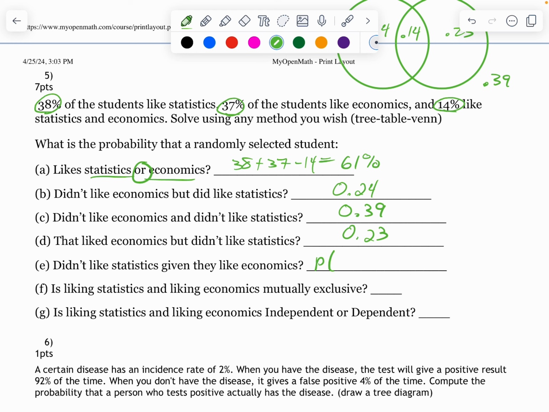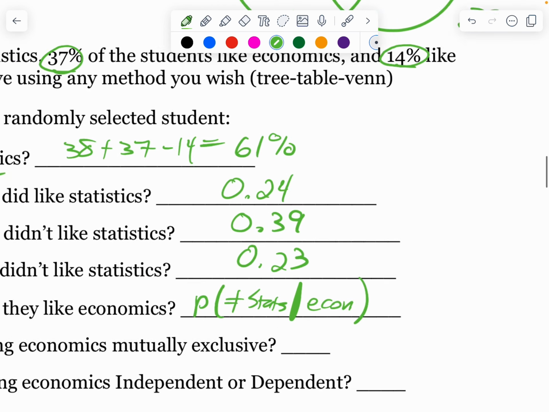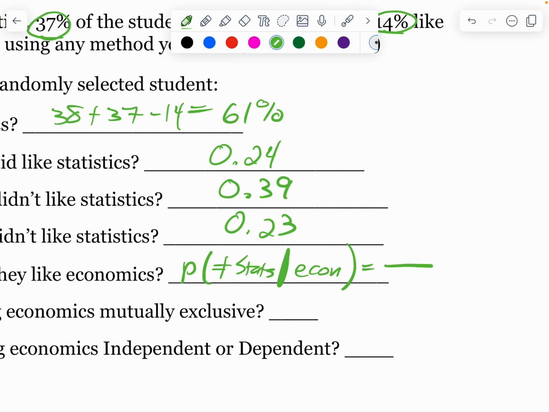Probability, no stats, given that they like econ. So you can use the conditional formula. The denominator is the probability of the given. The numerator is the probability of both, meaning no stats and econ.